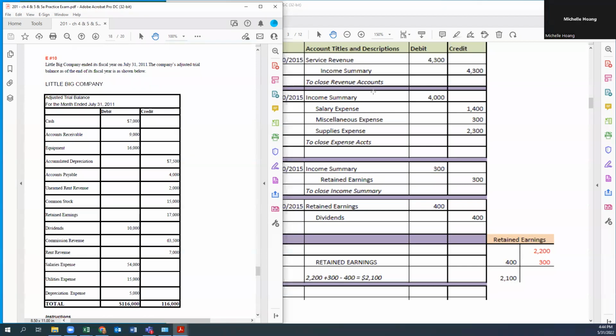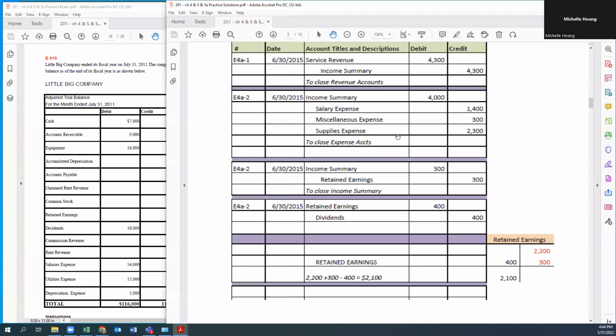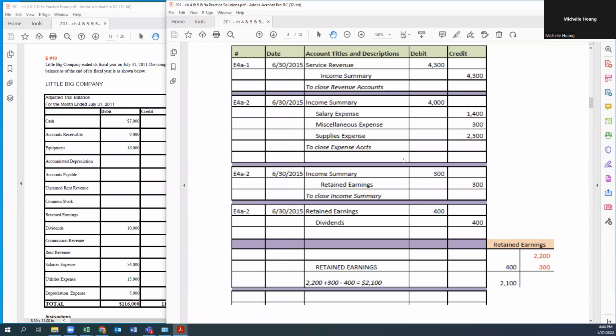Okay. And the next question is for example 2, which is the one that we're talking about. I see that we have net income. Is that why we credit the retained earnings? Yeah. So you have net income of $300, which is the difference between revenue of $4,300 and expenses of $4,000.